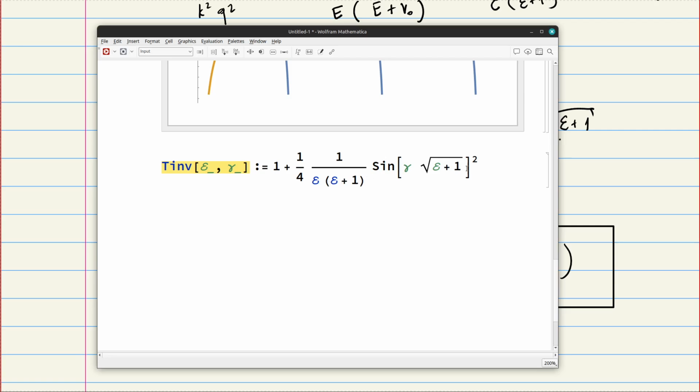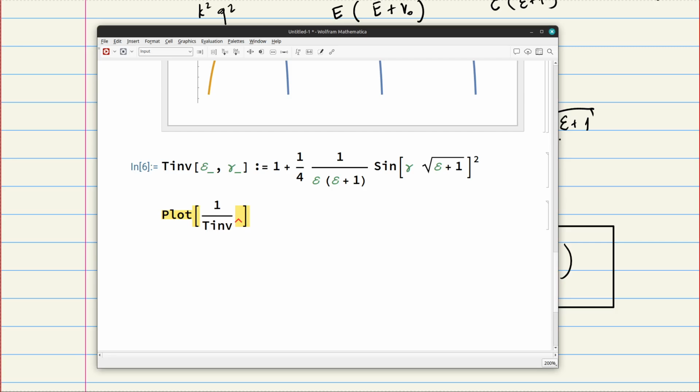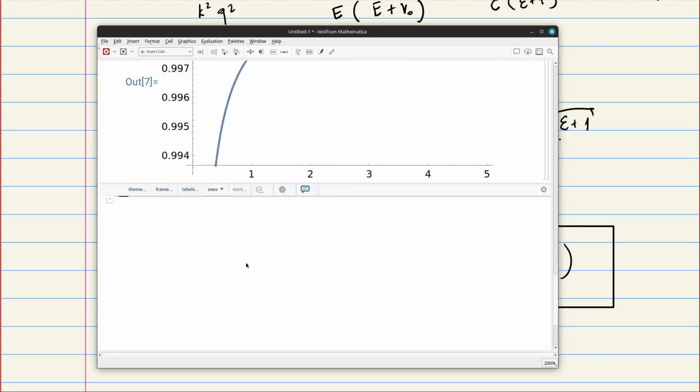It is showing blue for some reason, but let's see. And I want to plot 1 over T inverse, right? I wrote T inverse here, and I need to plot 1 over that to see the transmission. Let's put for gamma 0.1 and see, 0 to, I don't know, 5. Okay, good. It seems to be working.